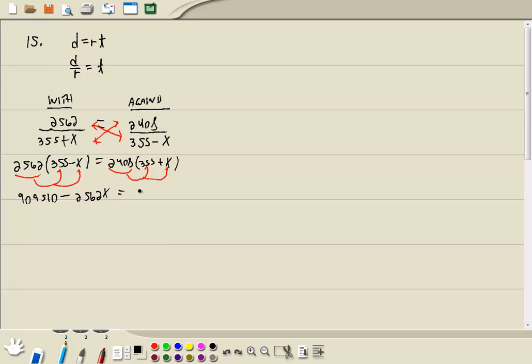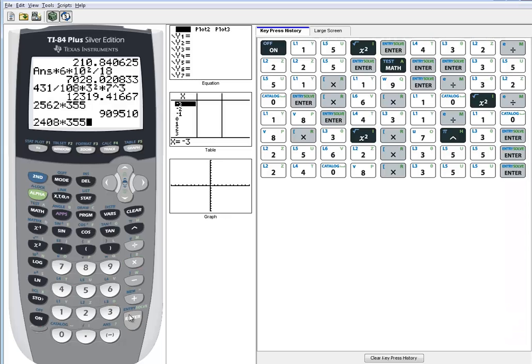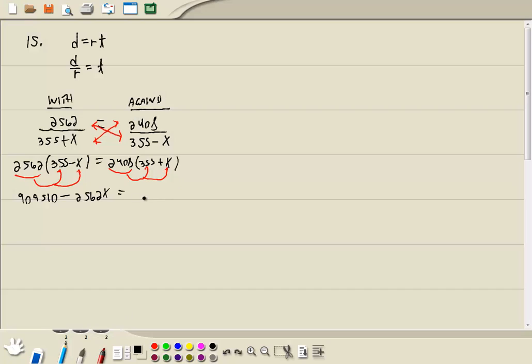Now on this side, we're going to multiply these together. So we've got 2408 times 355, and we get 854,840. And 2408 times x gives us 2408x.